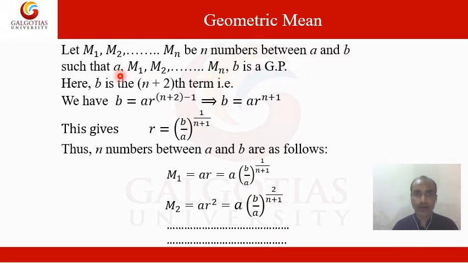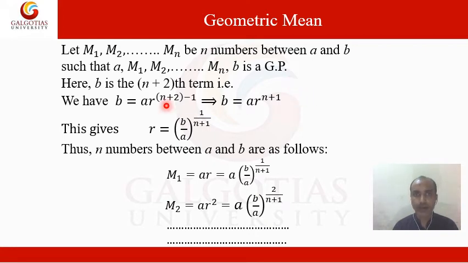It is clear from the list of numbers that there are n plus 2 terms in the GP, and b is the (n plus 2)th term of this GP. And as we know from earlier classes, the nth term of a GP is a into r to the power n minus 1.